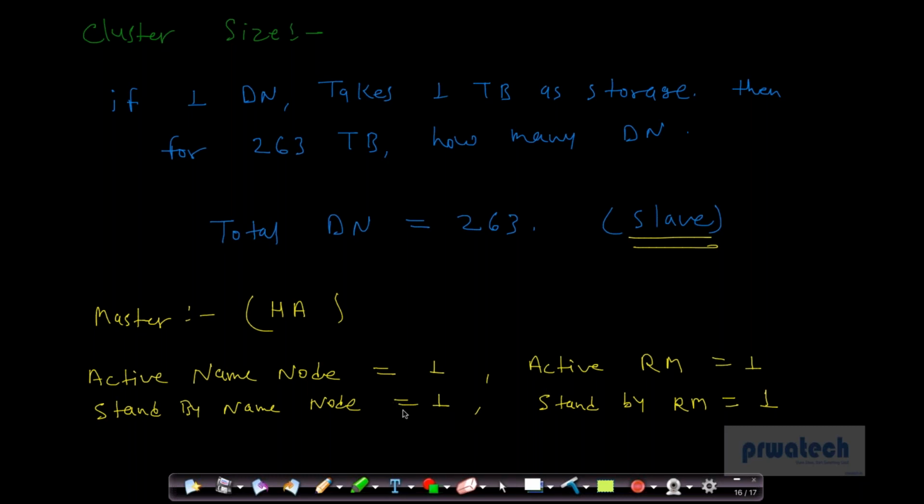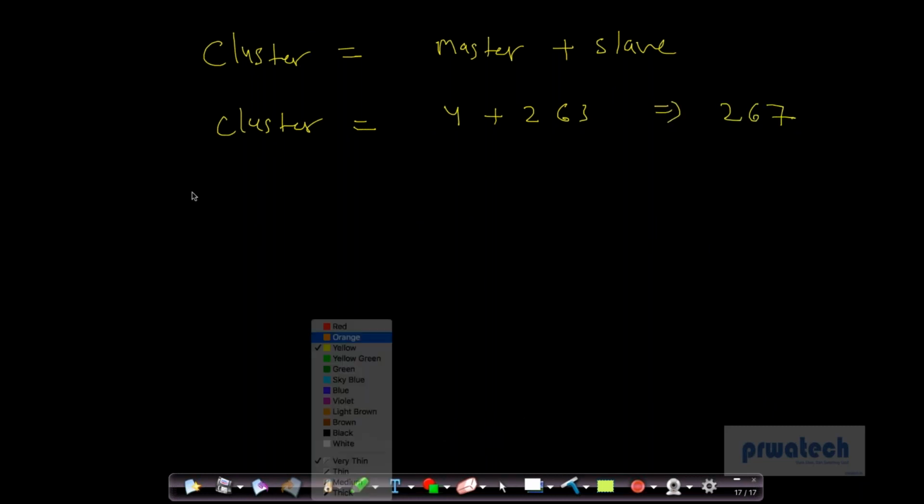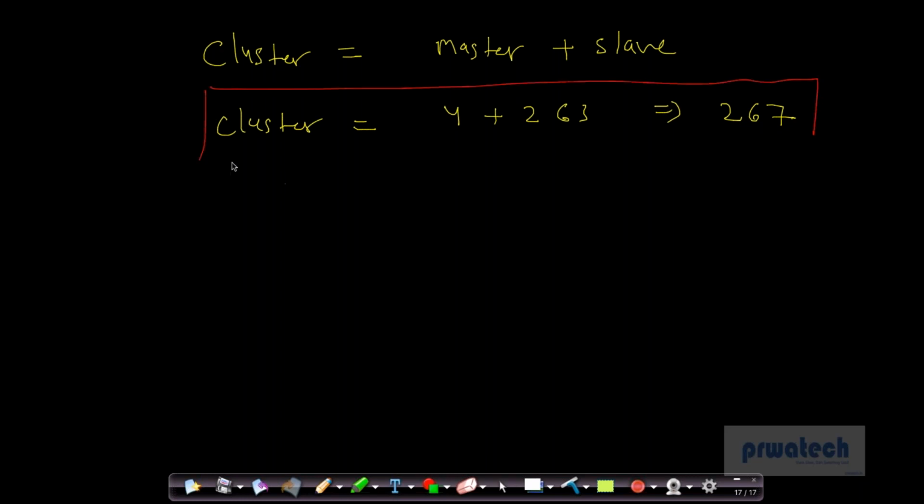No problem, you can add it, but there's no requirement, because whatever task the secondary name node does can easily be done by the standby name node. So 4 plus 263 slaves, and my cluster size is 267, with 4 masters and 263 slaves. So cluster design is done.